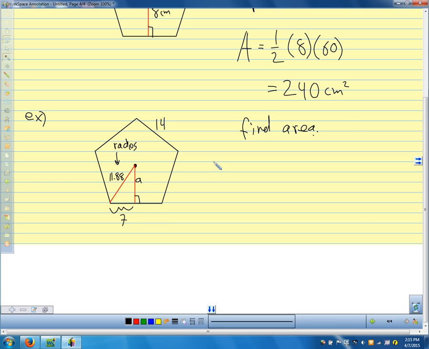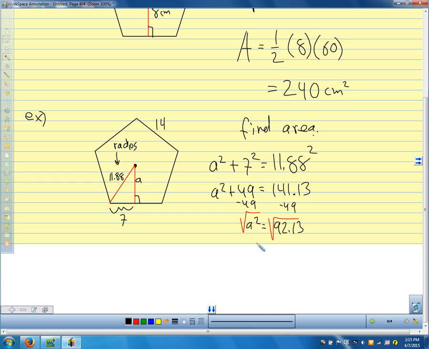So I can say a squared plus 7 squared equals 11.88 squared. So a squared plus 49 equals 11.88 squared, which is 141.13 about. So I subtract 49 from both sides. I get a squared equals 92.13. Take the square root of both sides to undo that square.